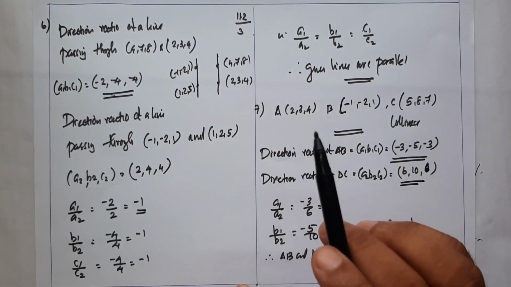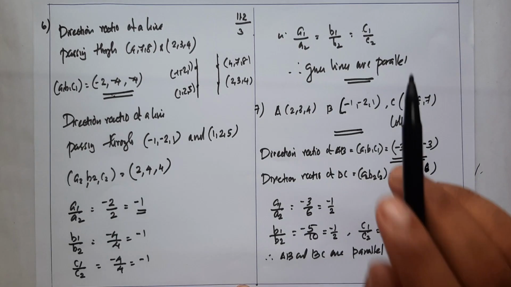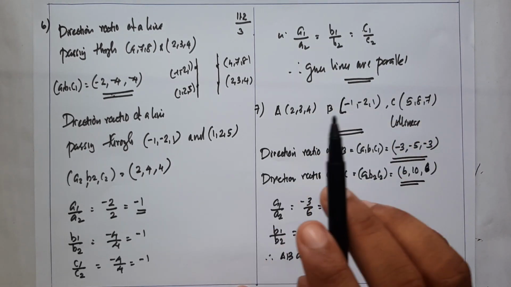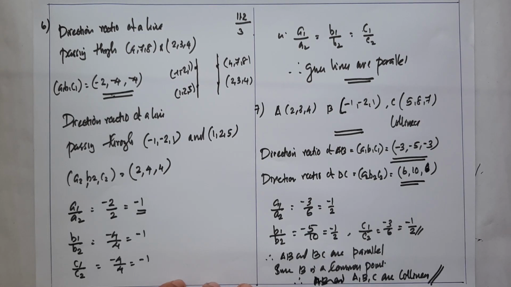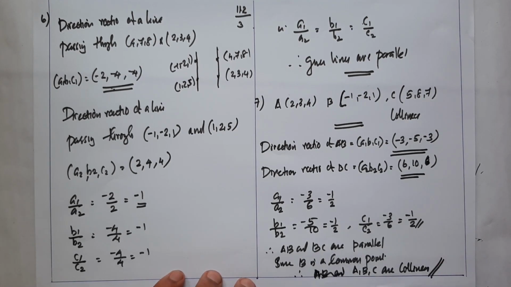But AB's end point is B and BC's starting point is B, so B is a common point, and therefore A, B, C are collinear.